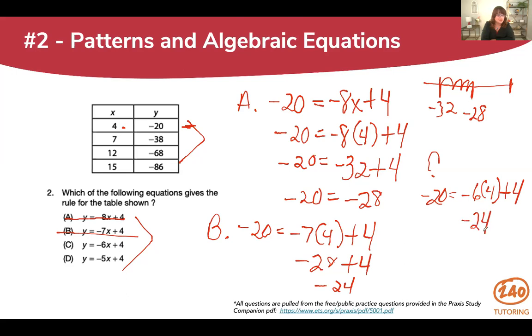It's going to be a negative 24, plus 4 would actually be a negative 20. All right, and so negative 20 equals negative 20. You could test out 5 to make sure it works. Negative 5 times 4 would be negative 20, plus 4 would be negative 16. So that does not work.